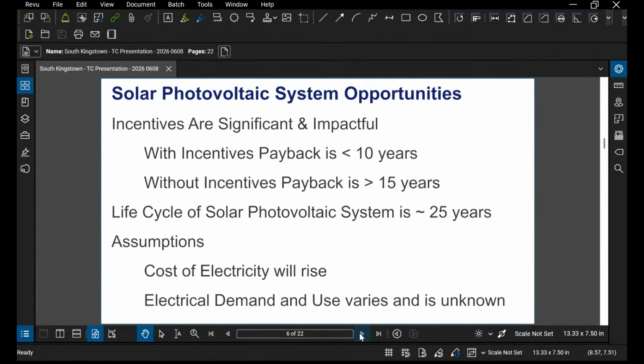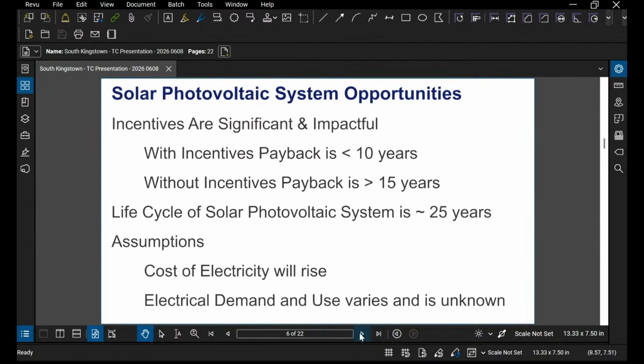So the incentives right now, they are significant and impactful. With the incentives, we would estimate a payback of approximately less than 10 years. Without these incentives, up to 40% reimbursement, the payback could be greater than 15 years. You should know that the life cycle of the solar photovoltaic systems is about 25 years.